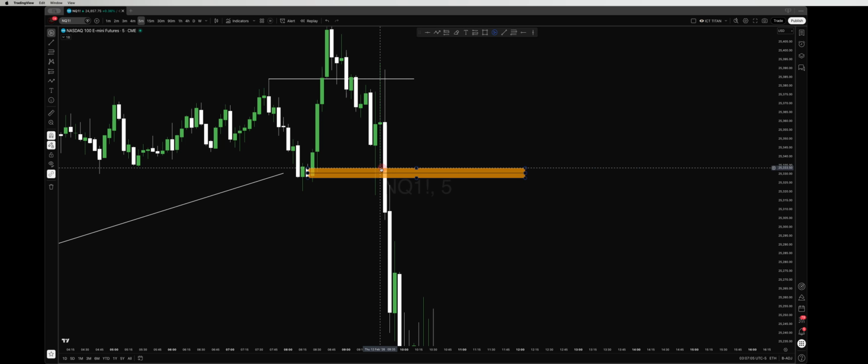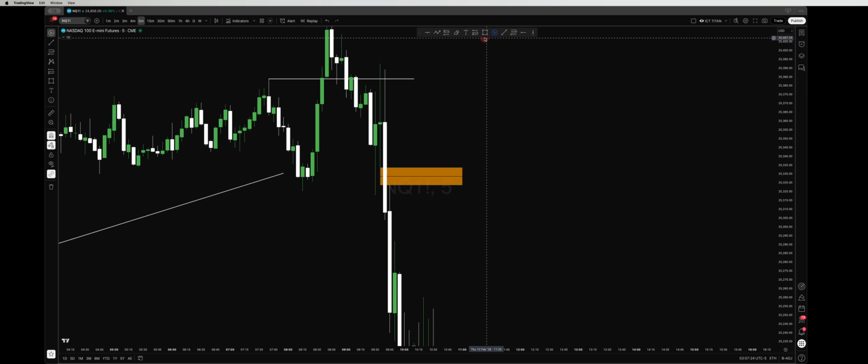You see this low, this high, and this triggered as a breakaway gap. Price never visited this. What is the reason that caused this as a breakaway gap? This wick.